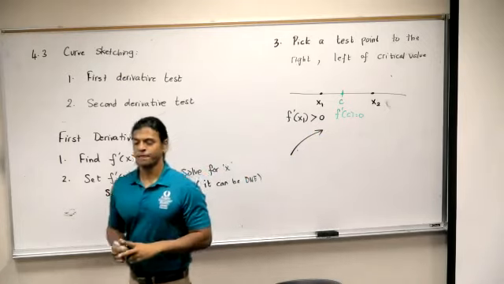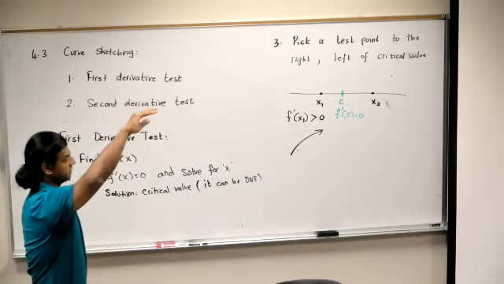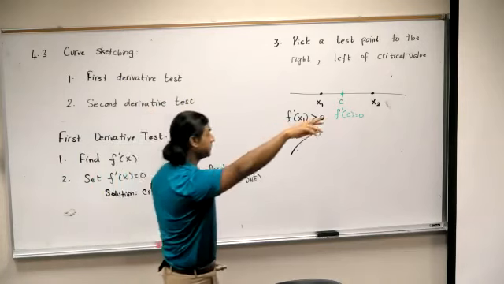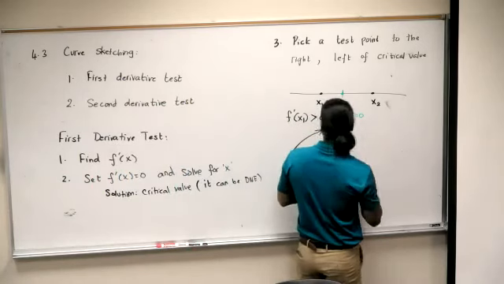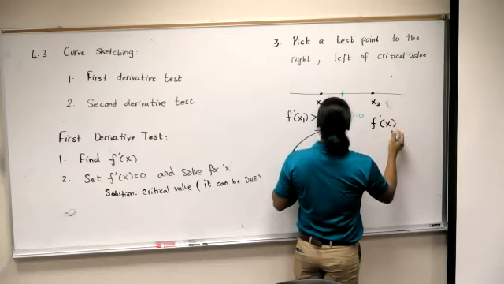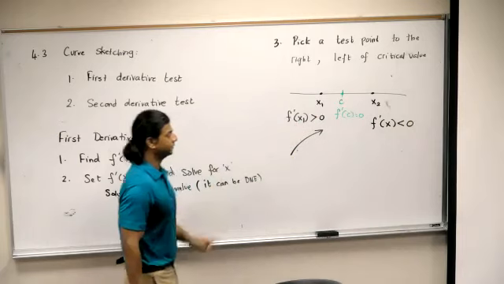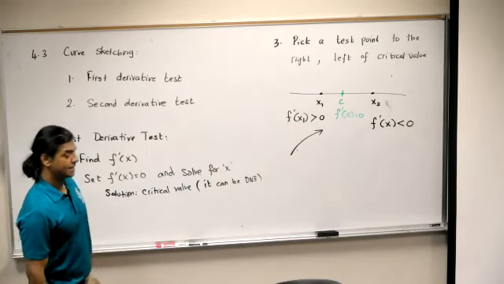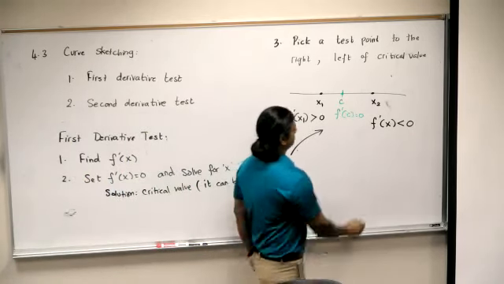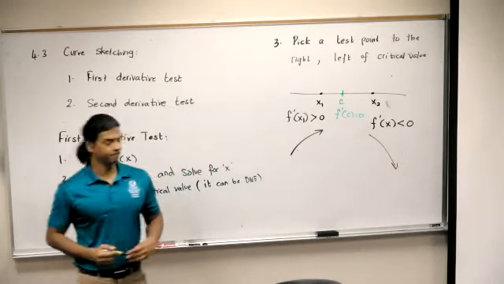Because we know a positive derivative would imply a positive slope, so the function would be increasing, to the left or to the right of the critical value. If it is less than 0, then the function will be decreasing.